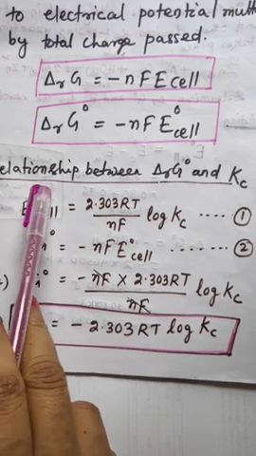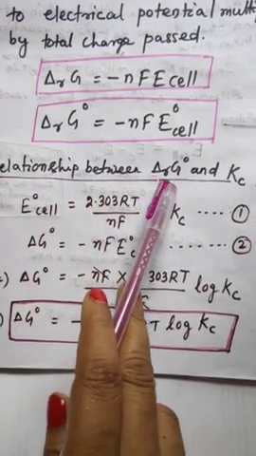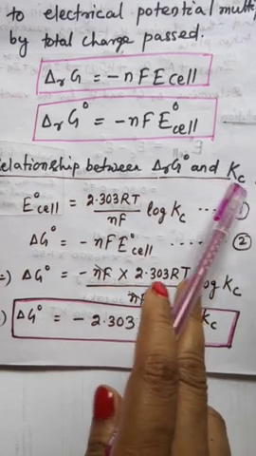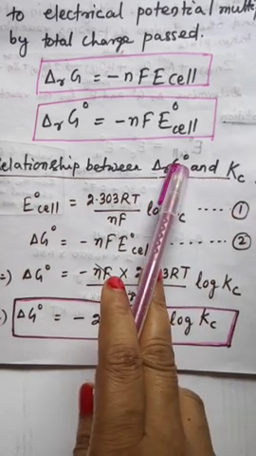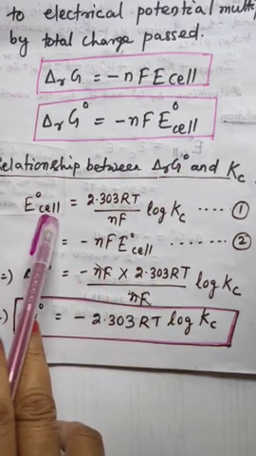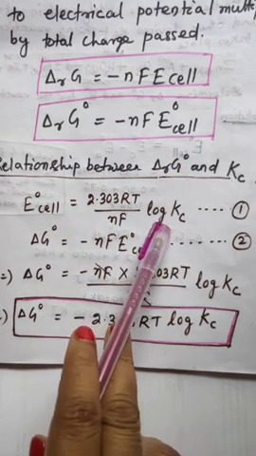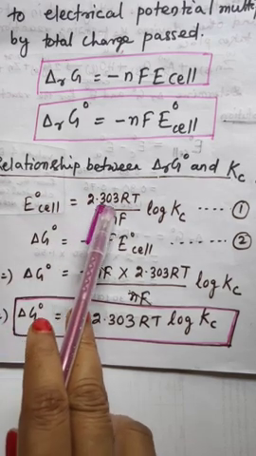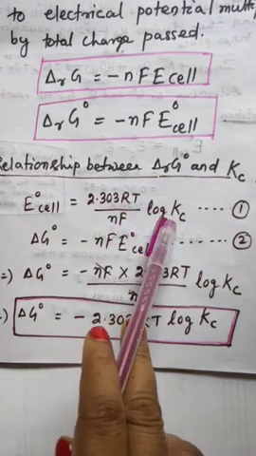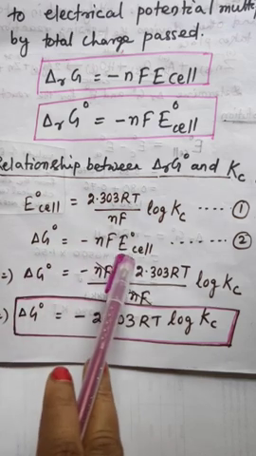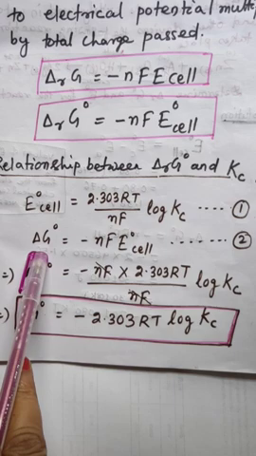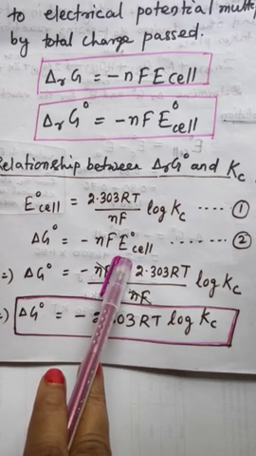Next, let us look at the relationship between the Gibbs free energy and the equilibrium constant, that is, the Gibbs free energy under standard conditions. We know this is the expression for getting the equilibrium constant from E naught cell: E naught cell is equal to 2.303 RT by NF log Kc, and this other one is the expression which shows the relationship between the standard free energy change and the standard cell potential.